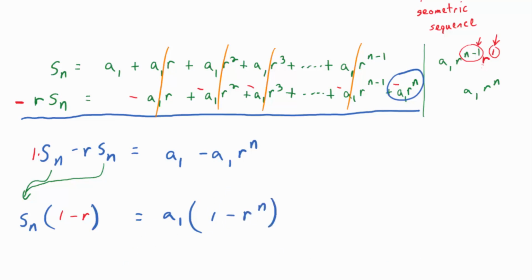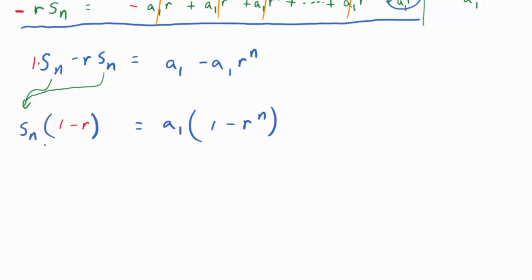So now I want to solve for Sn. These guys are connected by multiplication. What do I do? Divide by 1 minus r on both sides. Cancel, and I'm left with just Sn. So let's write it down.